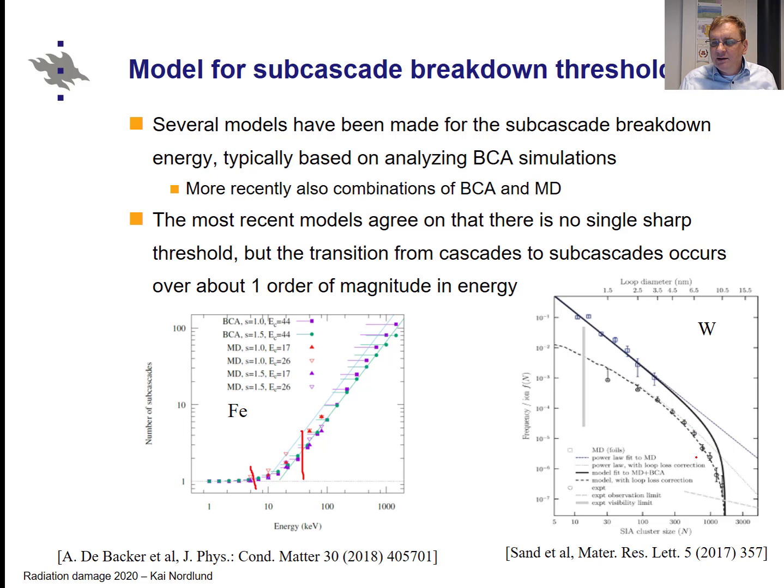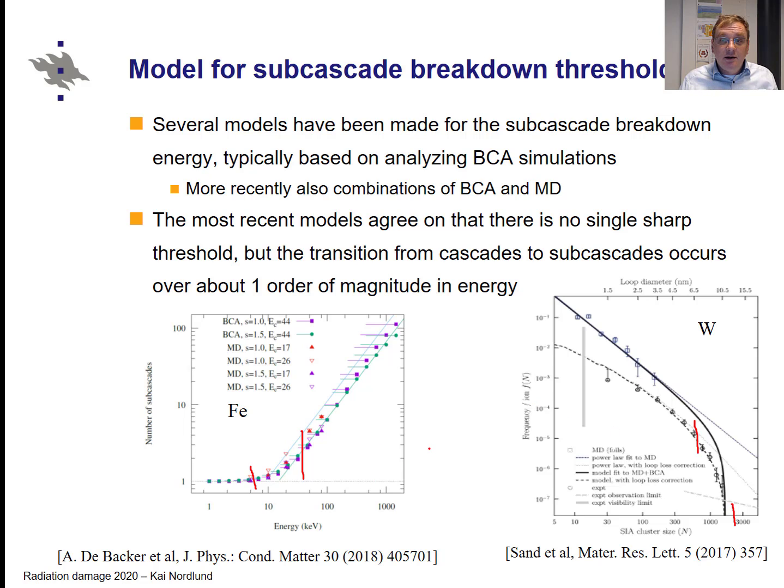And similarly in tungsten, one could use also these different energies to split up, see how damage production changes when you go into the very highest cluster sizes, where you have a single cascade, and then at lower energies when you are split into subcascades you have different kinds of damage.